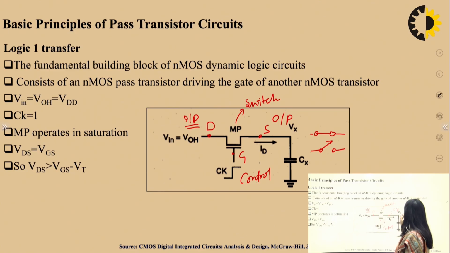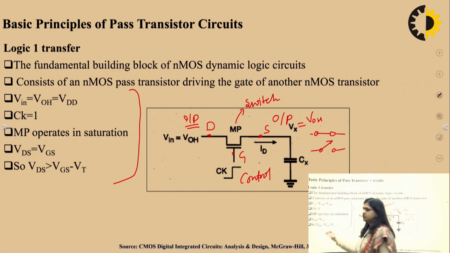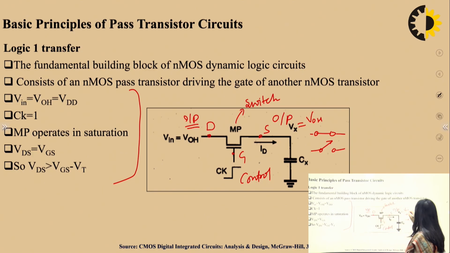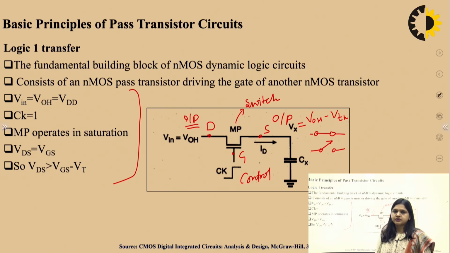Here the output node, this Vx, will be charged to VOH, but due to this operation in the pass transistor, the output is VDD minus Vt, where Vt is the threshold voltage of this NMOS. So, in the case of a pass transistor, if the input is high, we will get an output having a drop of at least the threshold voltage.